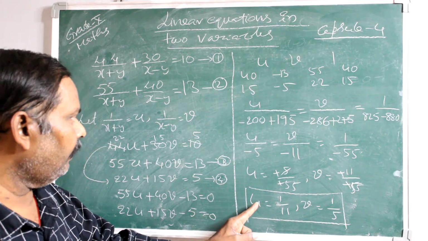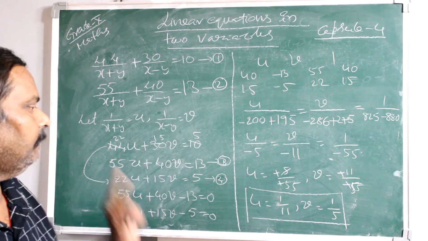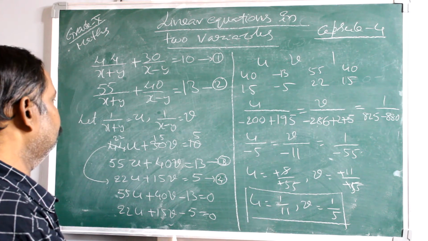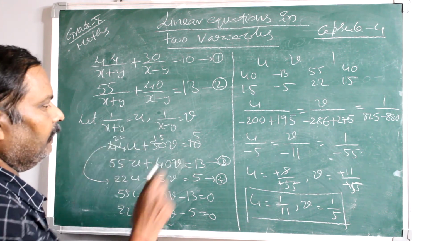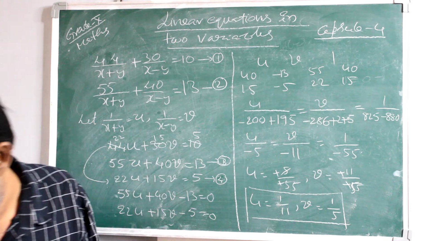Now substitute the value of u here and the value of v in this place. That means u is 1 by 11, so 1 by x plus y is equal to 1 by 11. Let's see this once again.